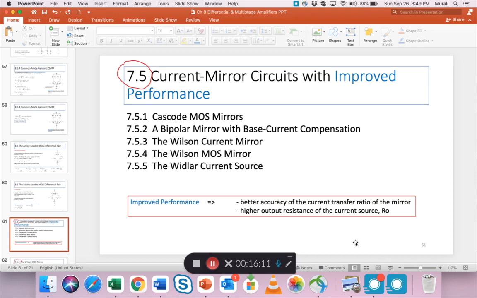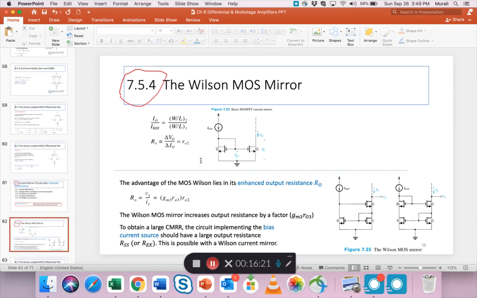All right. So next I'm moving on to the next problem. Remember I had given you a brief introduction to Wilson current mirrors, which is nothing but a current mirror with an extra one or two transistors on top to give the cascode effect.